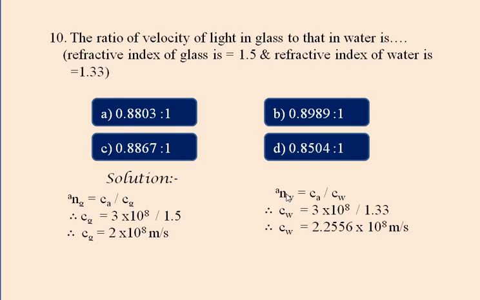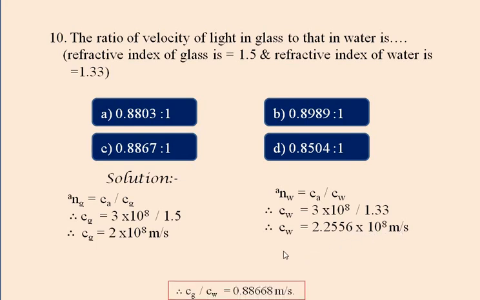Then we have to calculate Cw, the velocity of light in water. We know that the refractive index of water with respect to air is given by the relation Ca divided by Cw, that is, the velocity of light in air divided by the velocity of light in water. So Cw is equal to 3 into 10 raised to 8 divided by 1.33. Calculating this, we get 2.2556 into 10 raised to 8 meter per second.